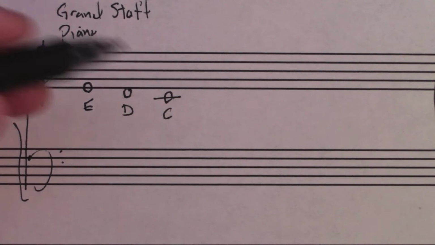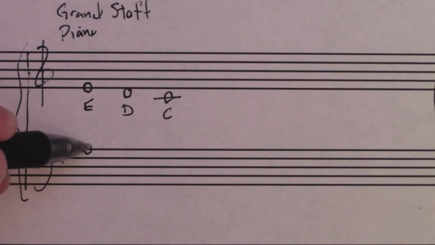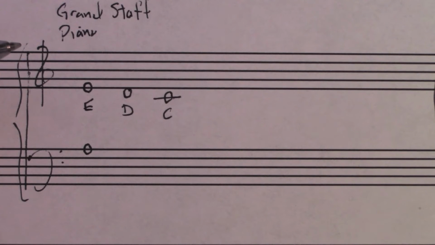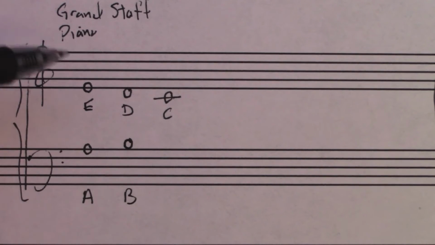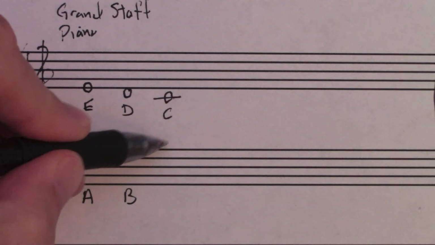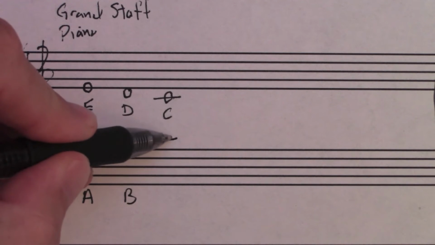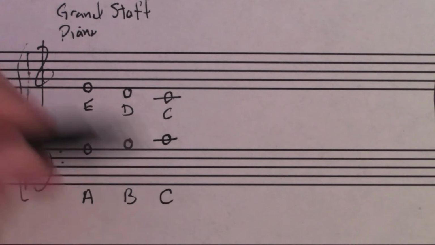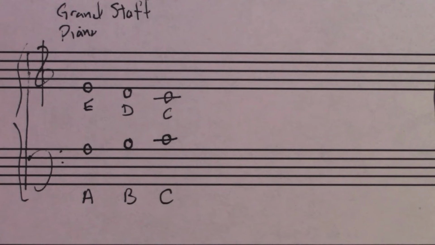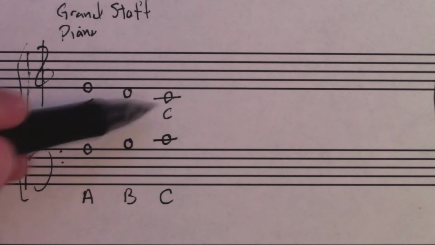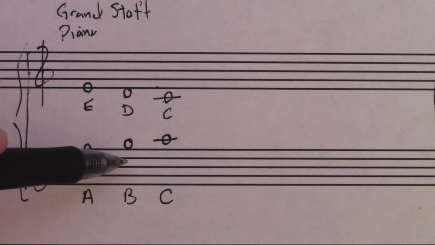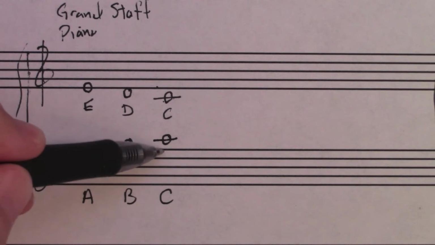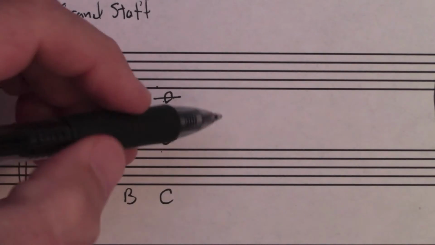Well, in the bass clef, we can do the same thing. What's the top line? A. The space above that will be the letter B, and then the line above that, which isn't here, so we add the ledger line, is C. So you notice that this C is one ledger line down from the treble staff and one ledger line up from the bass staff.